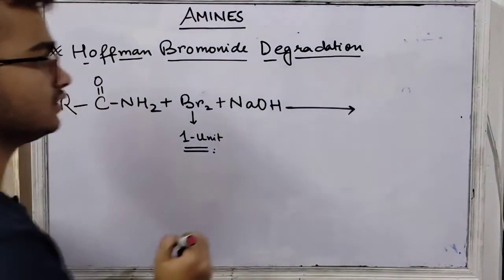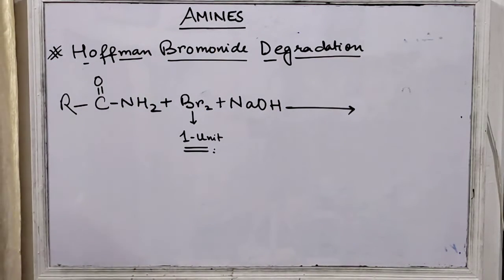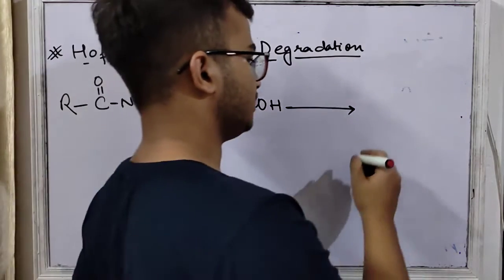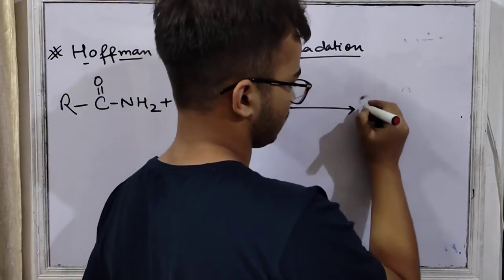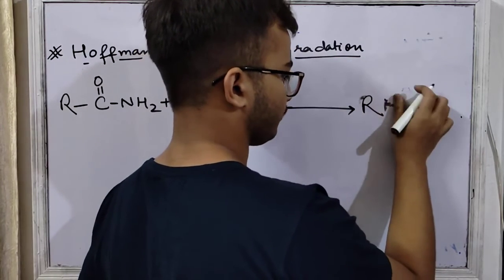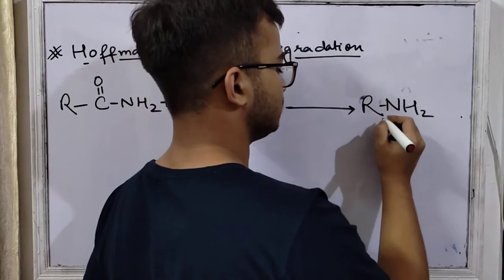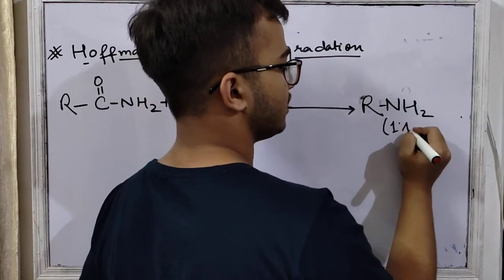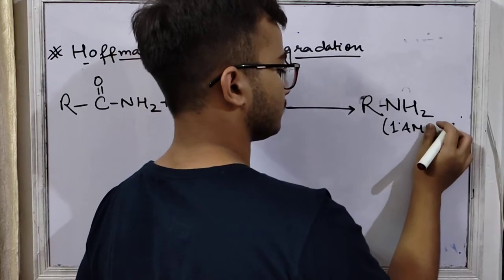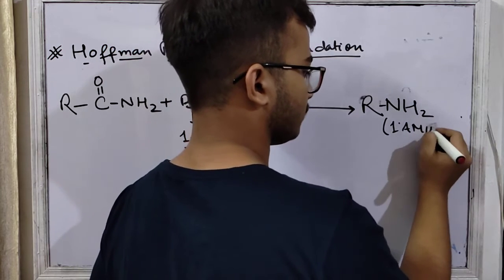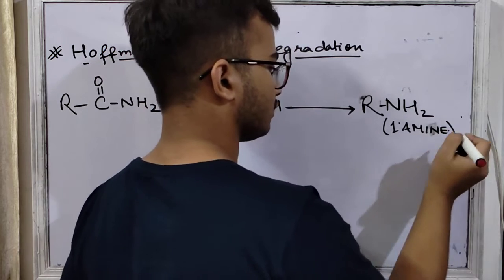And as a result of this, the thing you are getting here is RNH2, which is the primary amine. Okay, done.